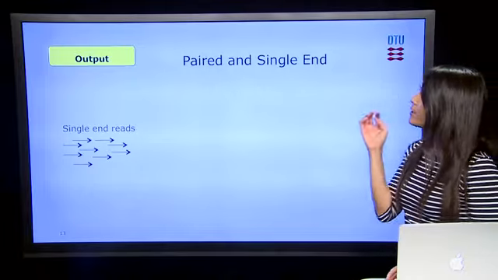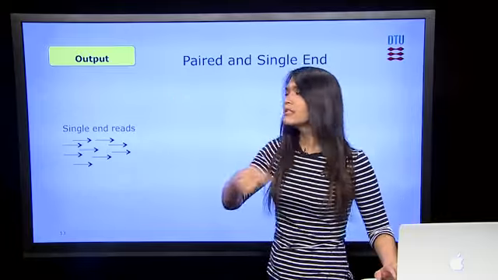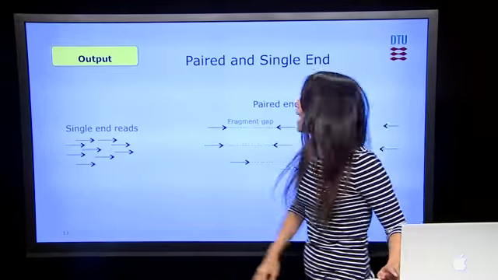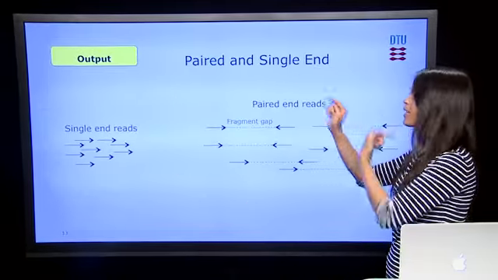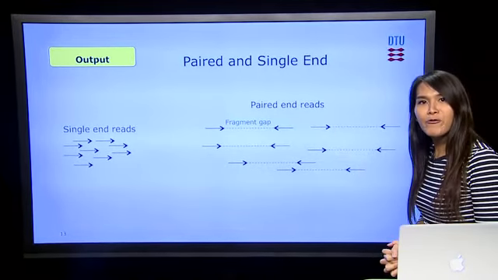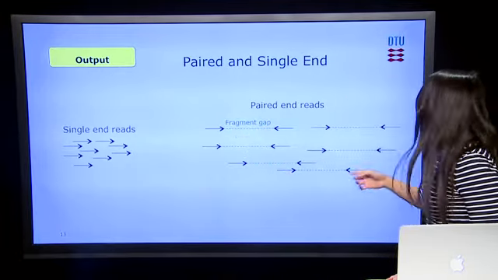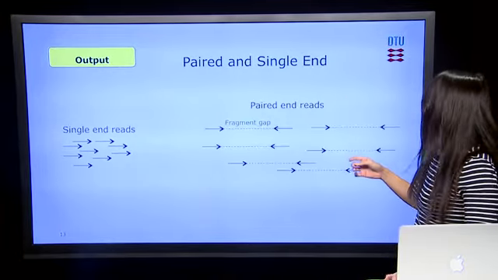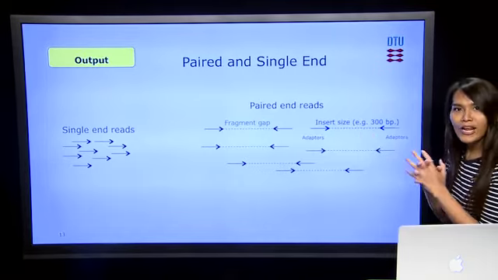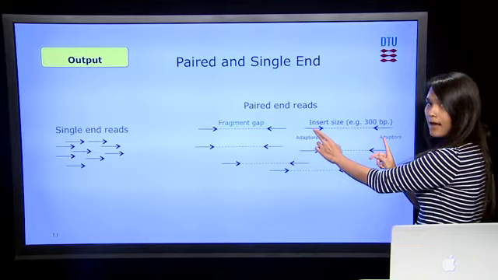And for NGS sequencing, you can sequence one direction, which we call single end reads, and you can sequence two directions, which we call paired end reads. And when you do paired end reads, you're going to have a fragment gap, and you're going to have another term for paired end reads that we call insert size.